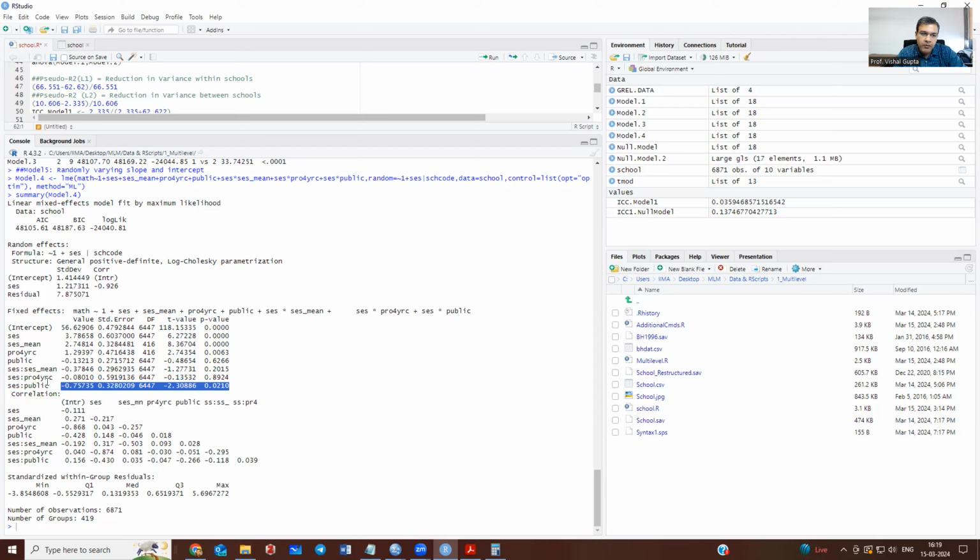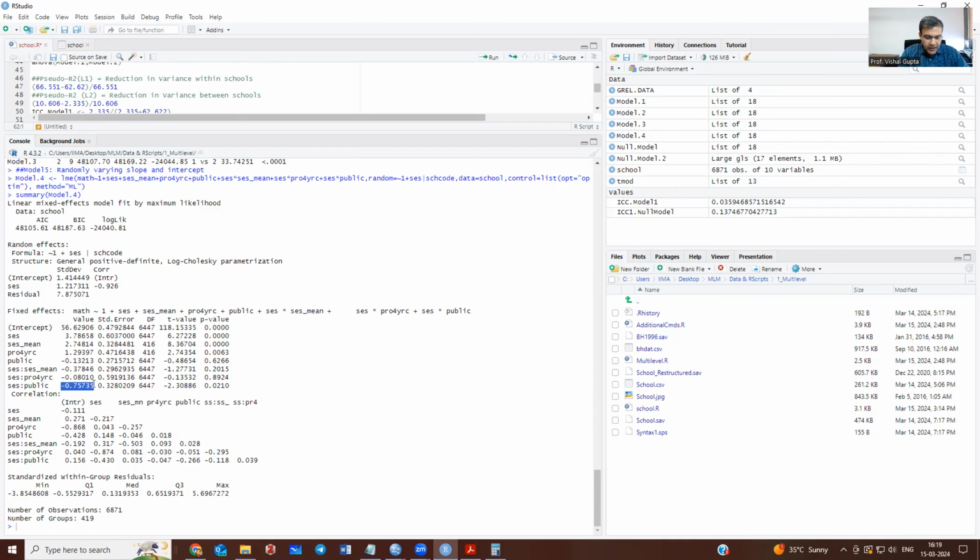That means for public schools you may see a slower rise in math score as compared to other schools. Because it is negative, it negatively moderates the slope. That means the rate of change for a public school is smaller than for other schools. So in public schools also you may have a rise in math score as socioeconomic status increases, but the rate of change may be smaller because we are now getting a negative coefficient.